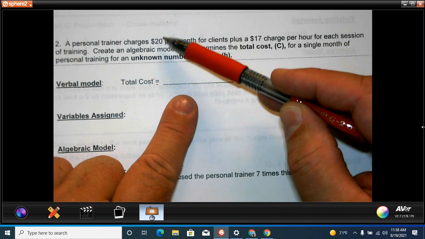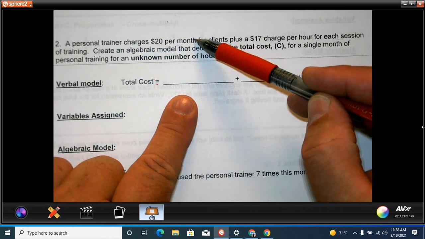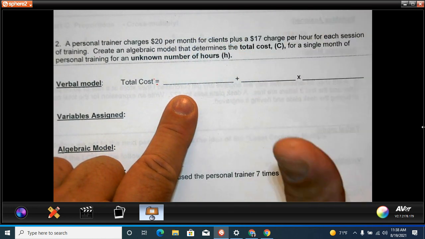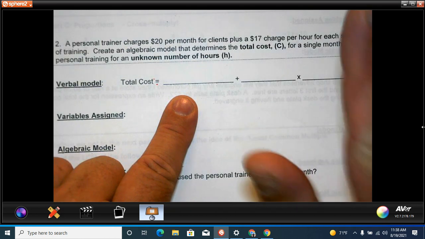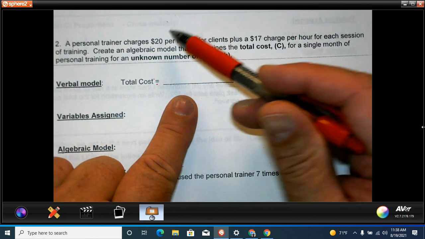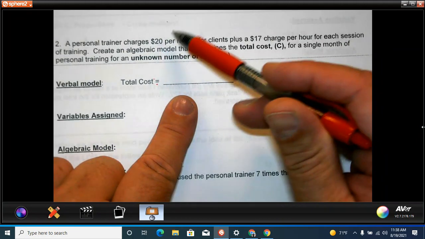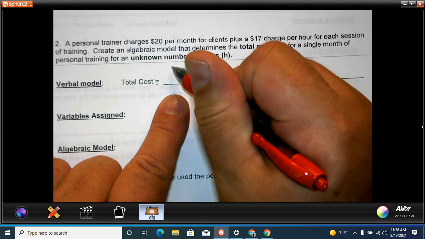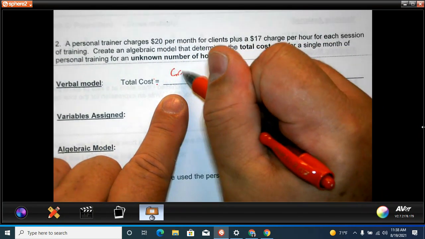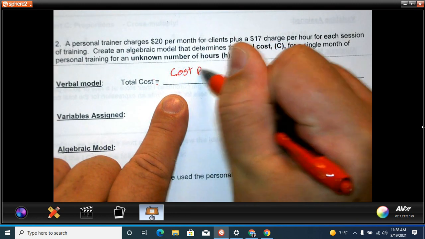Well, we've got the cost per month, right? Now we're doing a verbal model, so we're putting in givens and variables. This is a given cost, but it's still, verbally, the cost per month.